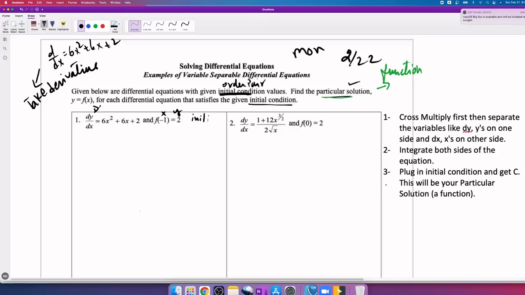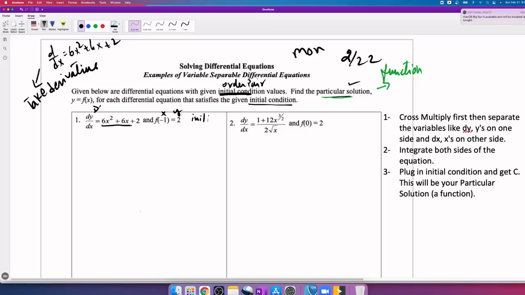I wrote it down. We're going to have like 1 or 2 more steps, but right now it's just 3 for these questions. So cross multiply first, then separate the variables, like dy, y's on one side and dx and x's on the other side. So this is the first step we're going to do here. Since I'm cross multiplying, dy/dx means derivative.